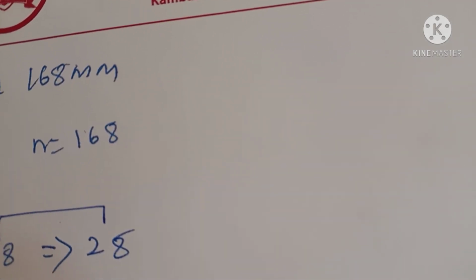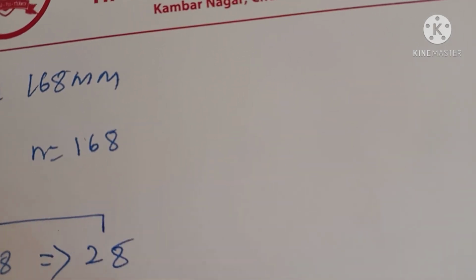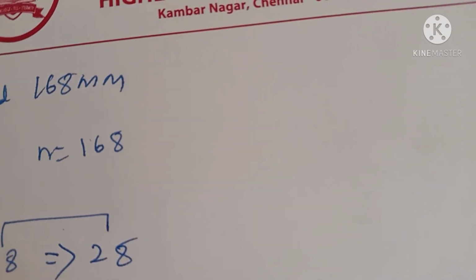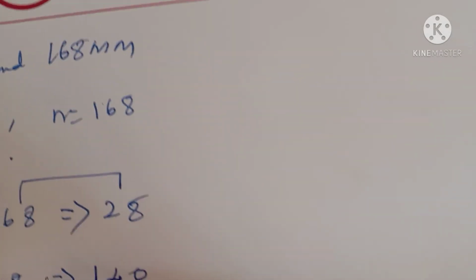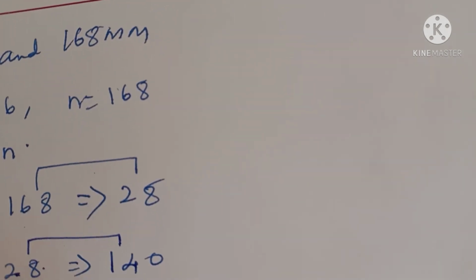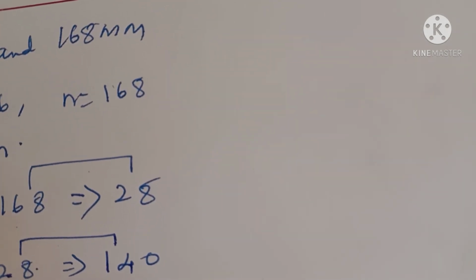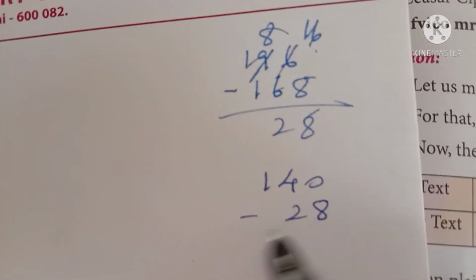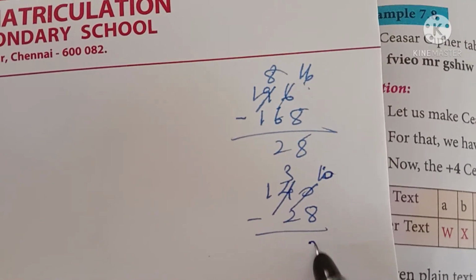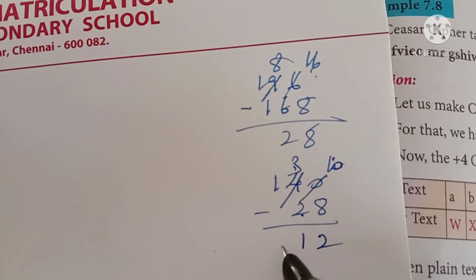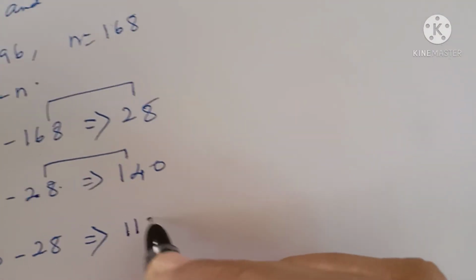Then 168 minus 28. 8 minus 8 is 0. 6 minus 2 is 4 and 1. 140 minus 28. So 140 minus 28, 3, 10. 10 minus 2, 8 is 2. 3 minus 2 is 1, 1. So 112.